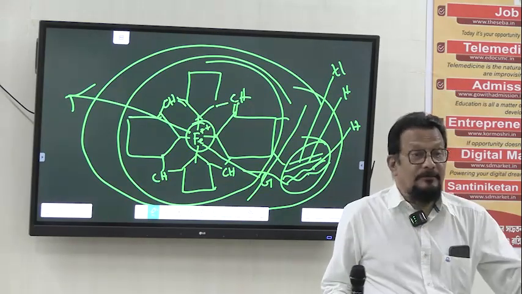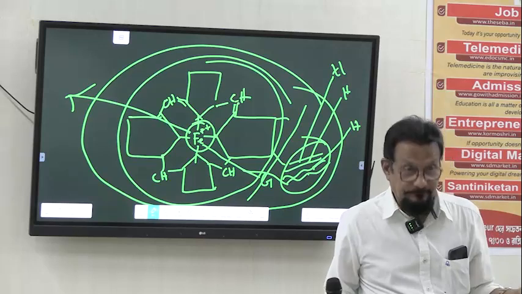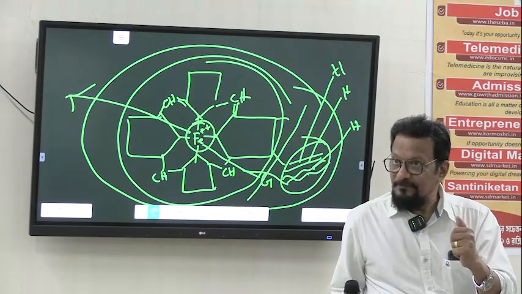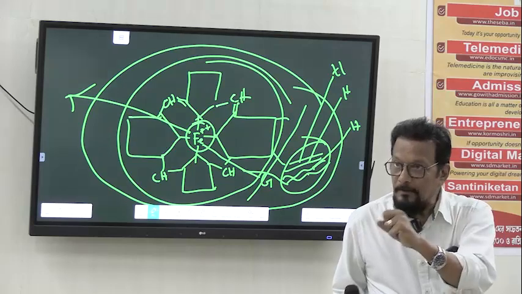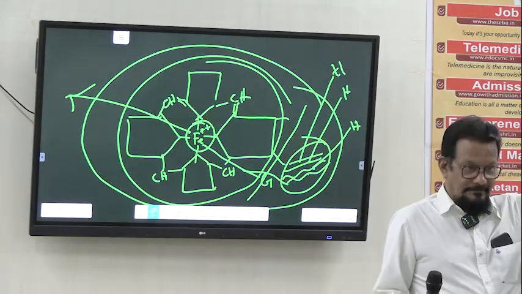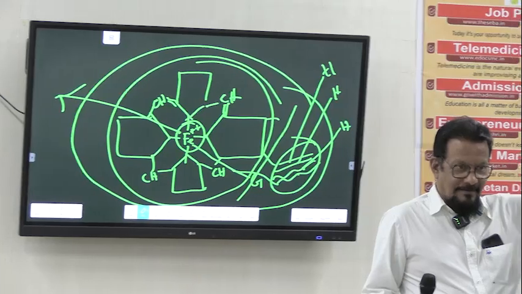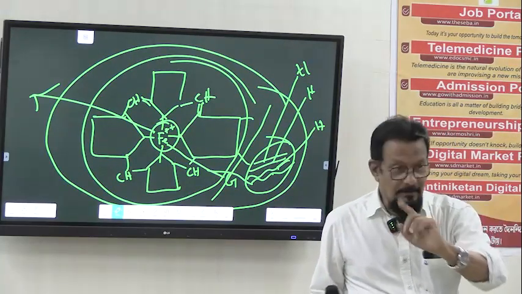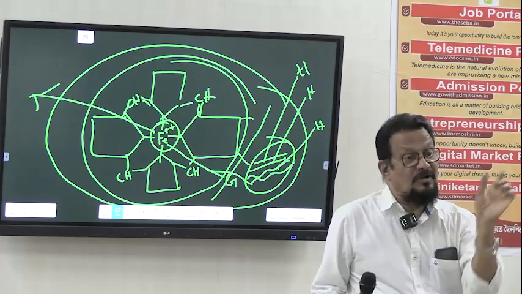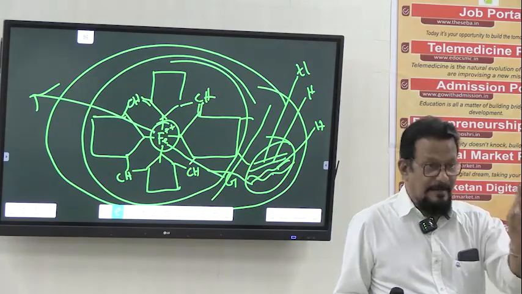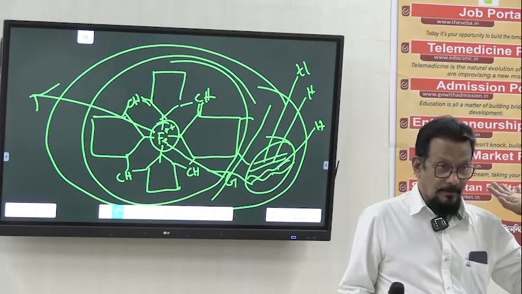Now it cannot travel in the blood alone. It needs a carrier. Apoferritin. It will bind with this iron and bring it to the liver. Liver will transform it into transferrin, and there it will be stored.